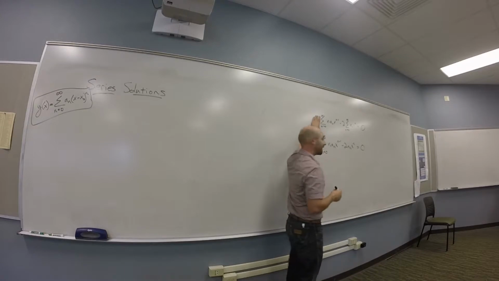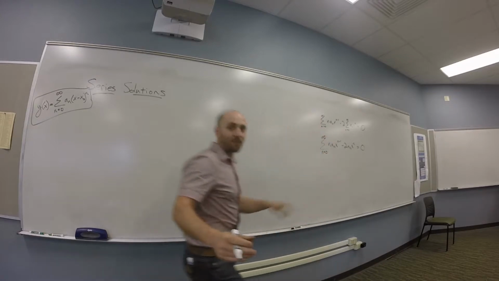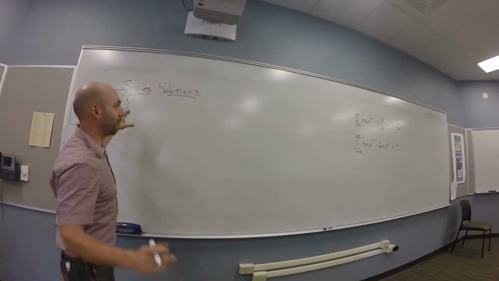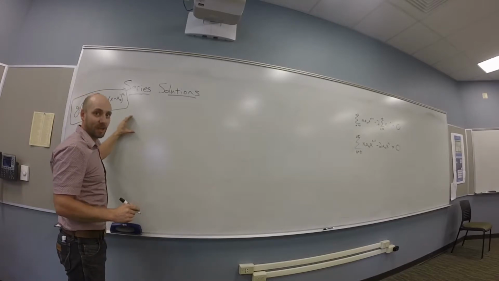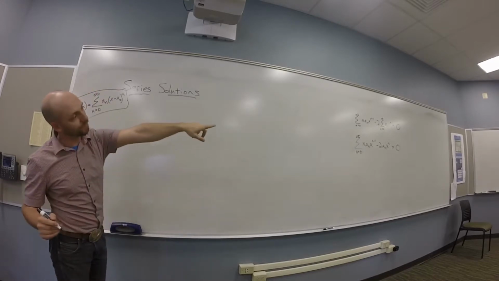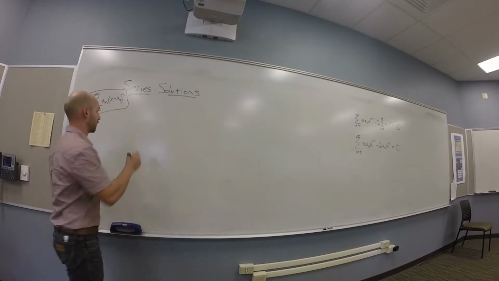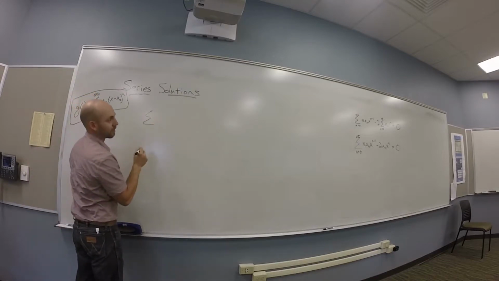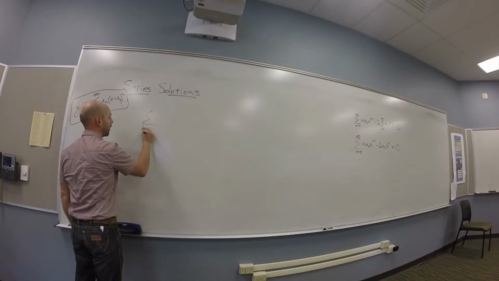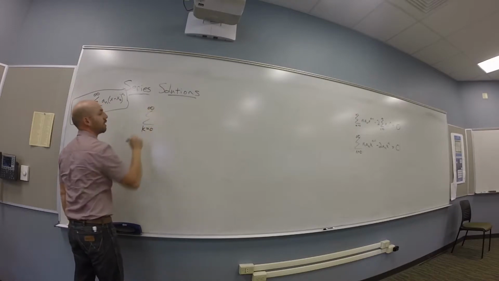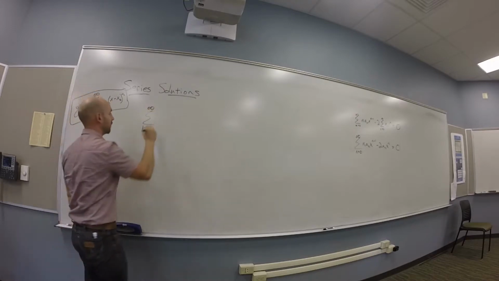So let me take this thing, and I'm going to bring it over here, and I'm going to reconsider it with a different sum. So I'm going to index the first one, instead of by n's, with k's. So all I'm doing is changing the dummy variable in the first one.